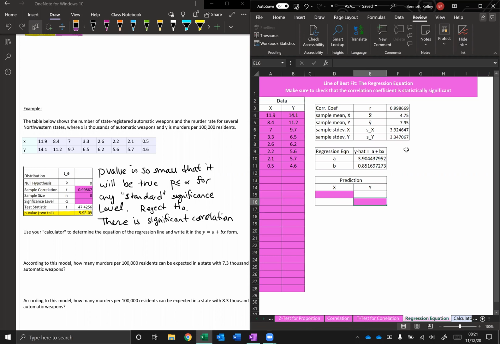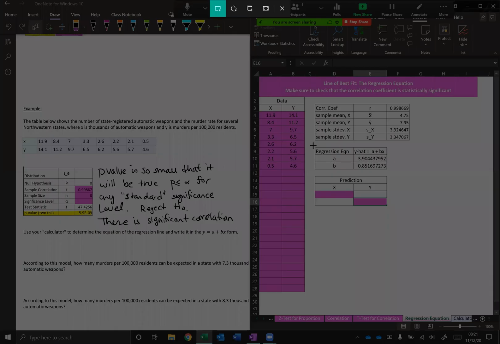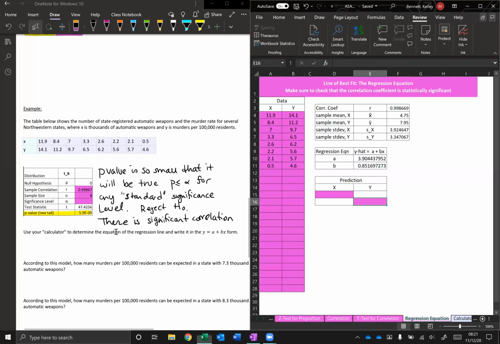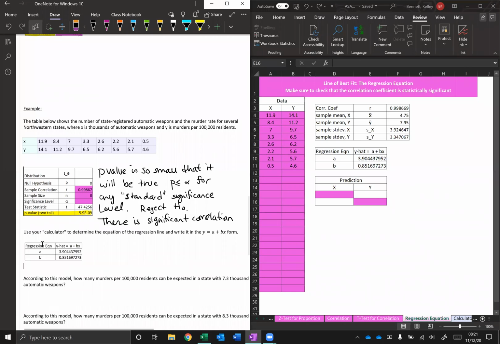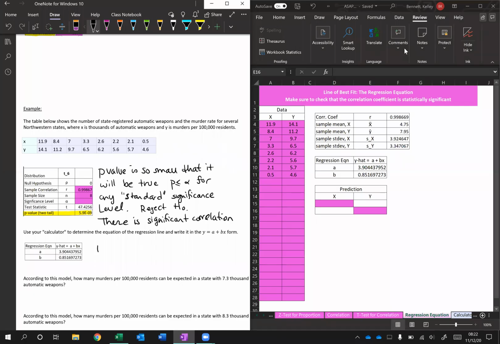So now this is going to give me the information that I need for my regression equation. So I can write that y hat equals, let's just do 2 decimal places, 3.90 plus 0.85x.